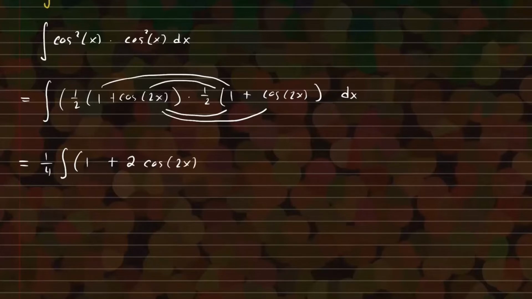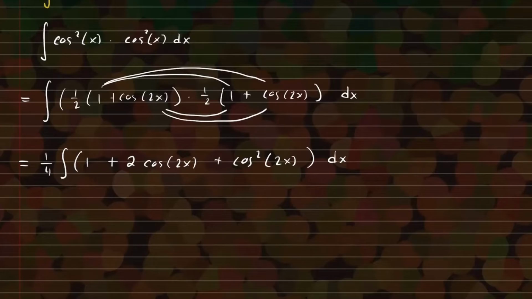And then cosine 2x times cosine 2x gives you cosine squared of 2x dx. I think I missed an error right here. All right, now that looks good.